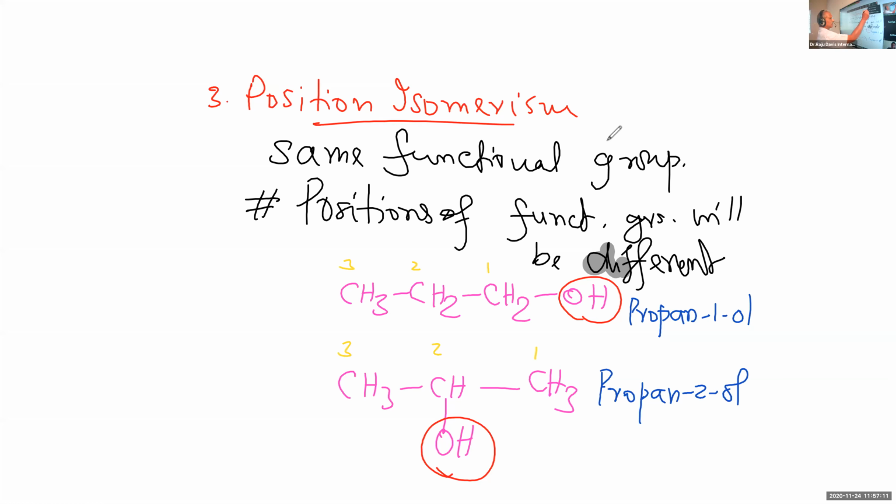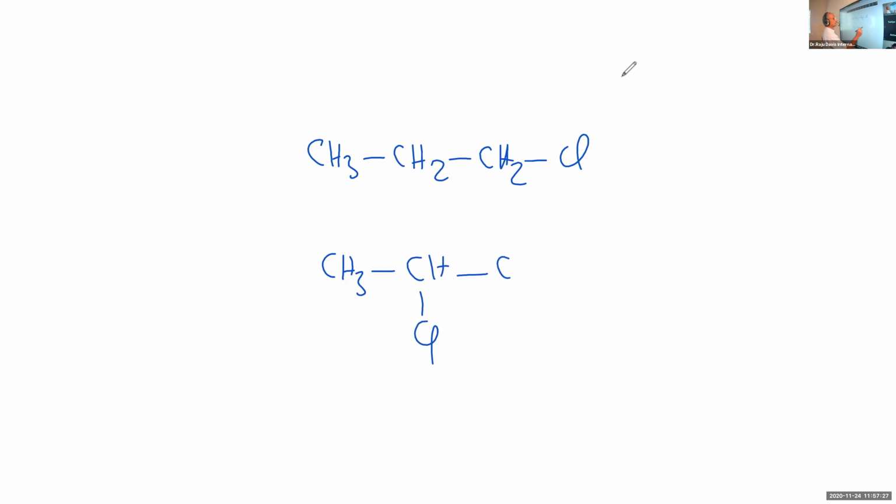Similarly, we can have another compound, say CH3CH2CH2Cl, then CH3CHClCH3. Here also, you can number the carbon atoms, 1, 2, 3.